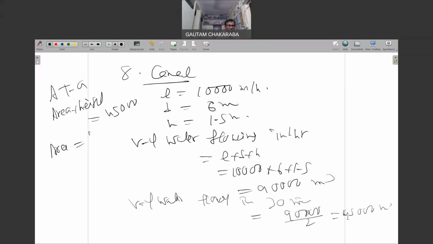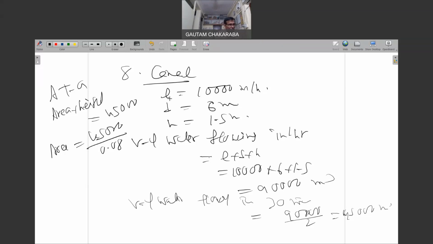Now area is equal to 45,000 divided by 8 centimeter, which is 0.08 meter. Convert in centimeter if needed. Now area will be in meter square. If the value is much more, then you will divide it and convert in centimeter. Okay, that's no problem.